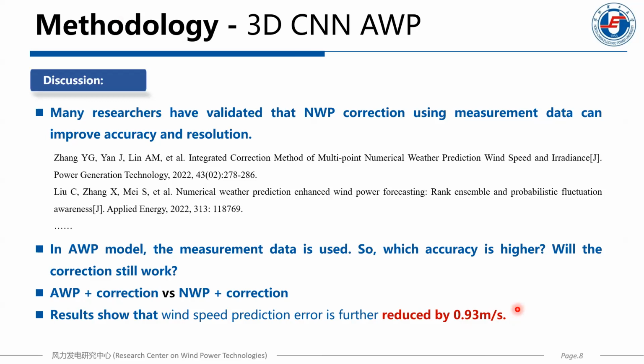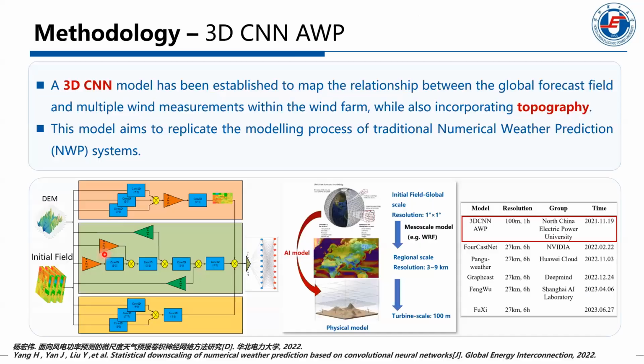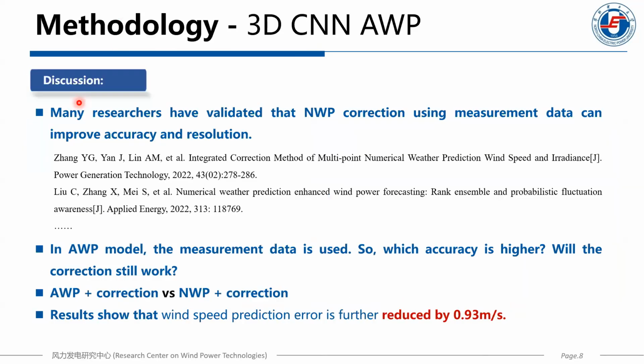So first of all, when you use the real measurement data, you can make full use of its advantages. It also means that for this very simple AWP model, the 3D CNN model, it still leaves some space for us to further improve and dig out the data value.